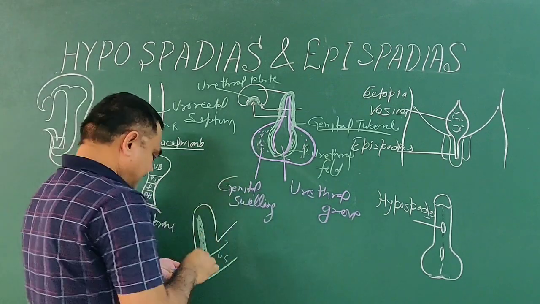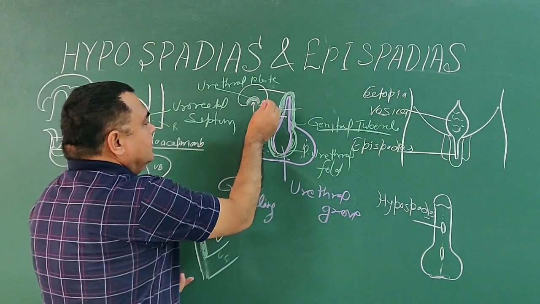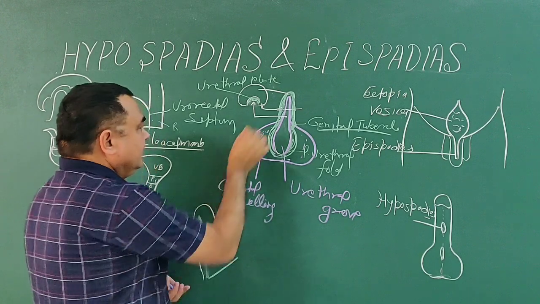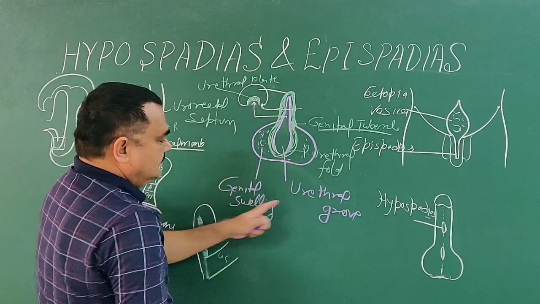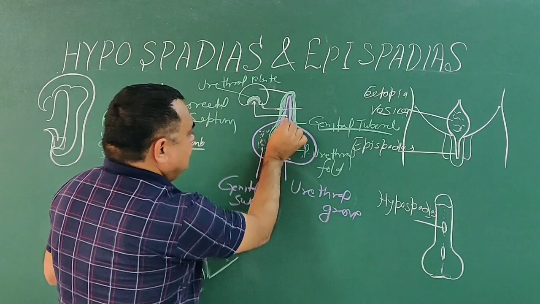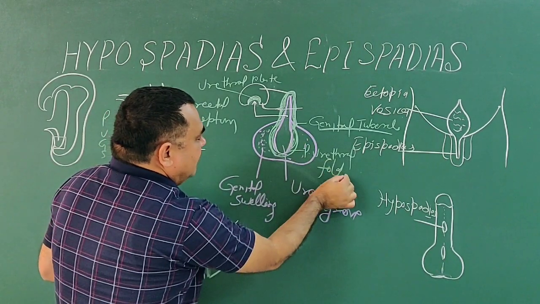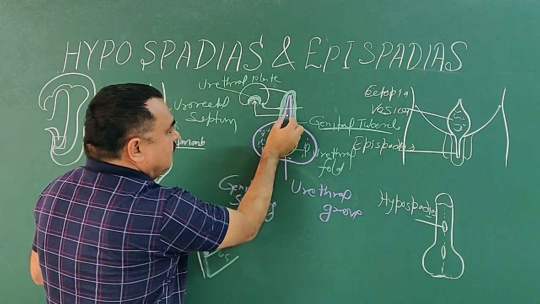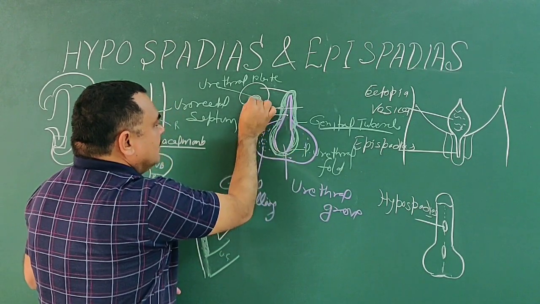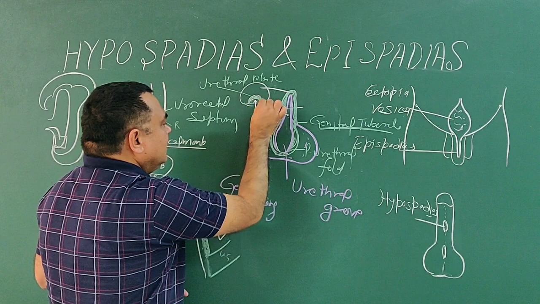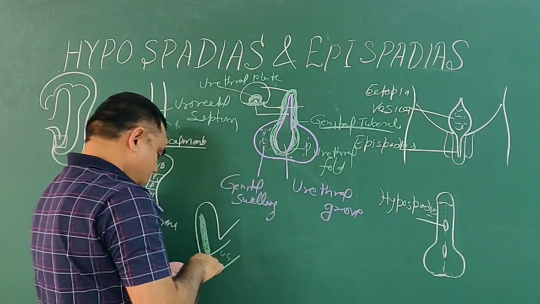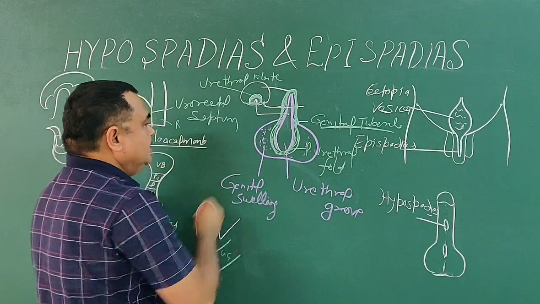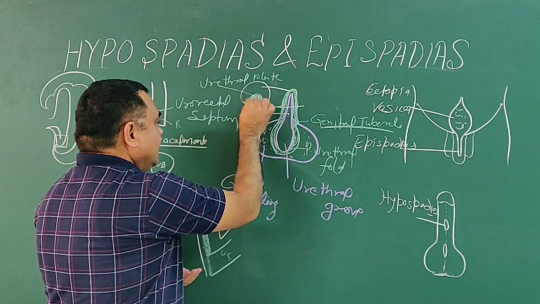and here you can see gradually these folds. This is the groove and it is surrounded by the urethral fold. Gradually these folds come closer to each other like this, and lie close to each other here.